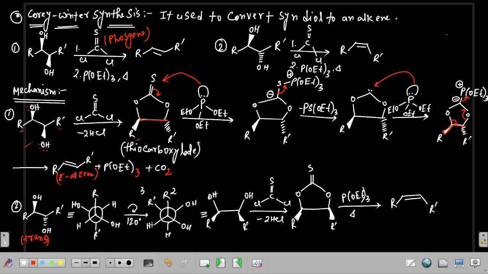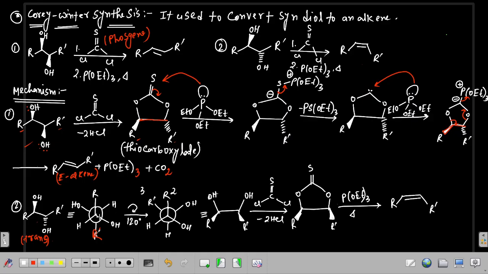Now in the case of this alcohol where both are trans to each other, it will not react easily, so we need to convert the trans diol to the cis diol. First we need to convert this structure to a Newman projection. Here both R and R dash are trans to each other, and both hydroxyl groups are trans to each other.